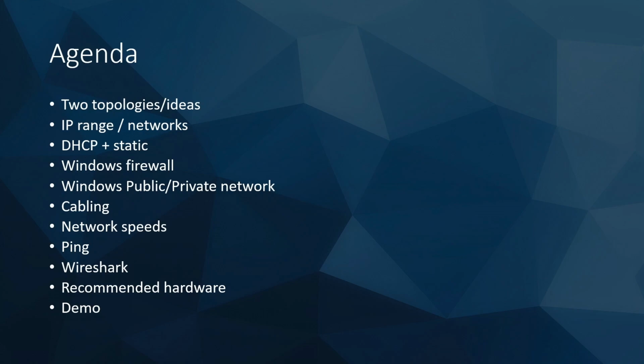We will also show you some DHCP settings together with how to make a static IP with DHCP reservation. We will show you something about the Windows Firewall. We will explain to you, or at least show to you, how you can test or set the public and private networks in Windows. This is quite a big topic because it can make a lot of issues.